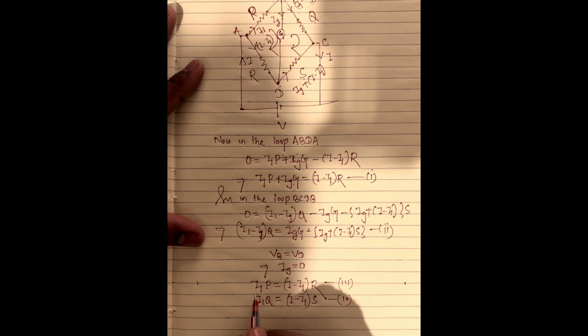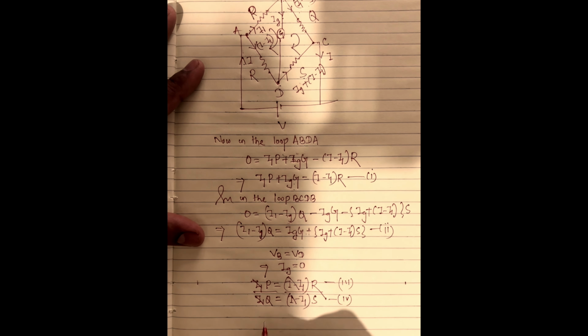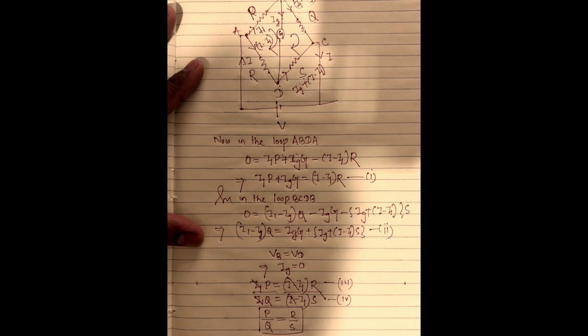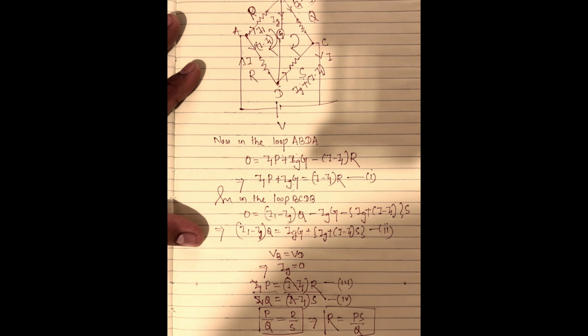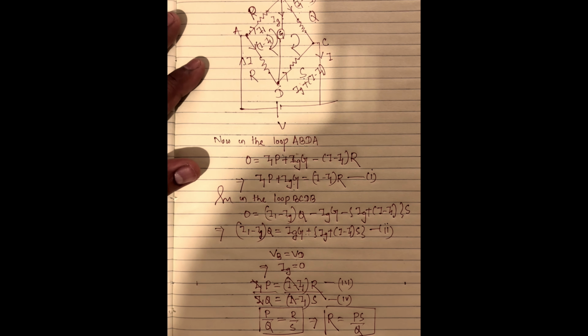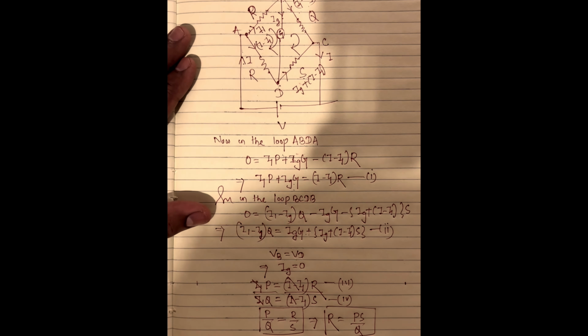If we divide these two equations, I1 cancels and I minus I1 cancels. That implies P upon Q is equal to R upon S. This is called the balanced condition of the Wheatstone Bridge. As R is the unknown, using this we write R is equal to PS upon Q. That means using Kirchhoff's law, we know the construction, working and theory, and this is the conclusion.